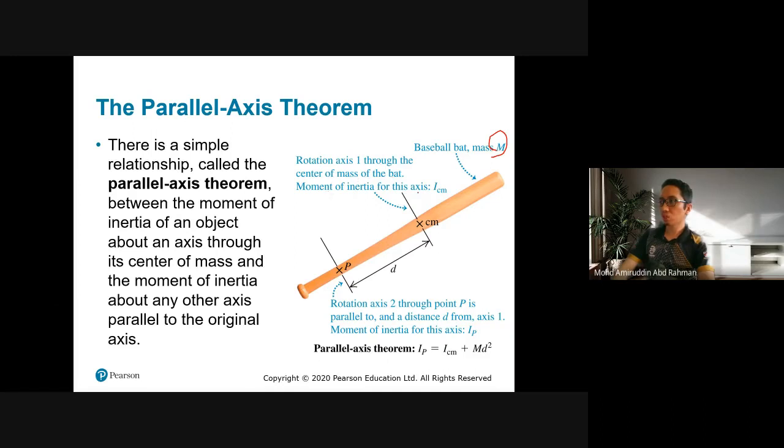The moment of inertia about this axis is I_CM. Then we have the second rotation axis 2 through point P, parallel to axis 1 at a distance d. The moment of inertia about this axis is I_P.